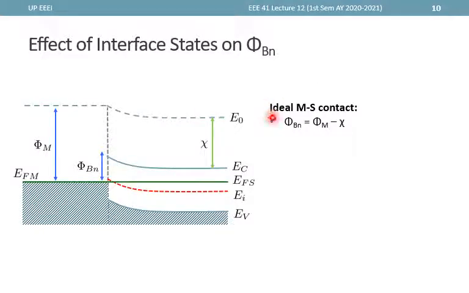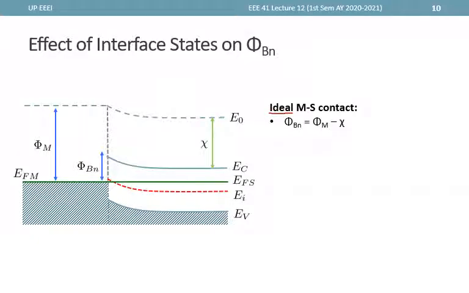Okay, for our ideal N-type MS contact, we have defined a while ago that the Schottky barrier height must be equal to phi m minus chi. Now, in this diagram, we see here an N-type material. This is our metal right here, and the barrier it sees is phi m minus chi, which is the difference between E naught and EC. However, that is for ideal MS contacts.